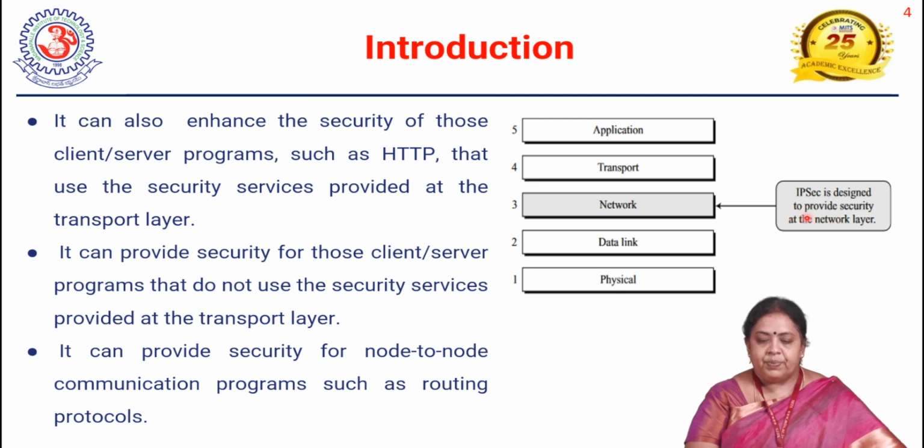IPsec is designed to provide security at the network layer. In a similar manner, at the transport layer we use another protocol called SSL, which we will discuss later. So at the network layer, security can be provided by using a protocol called IPsec, which is Internet Protocol Security. That is the name of the protocol.